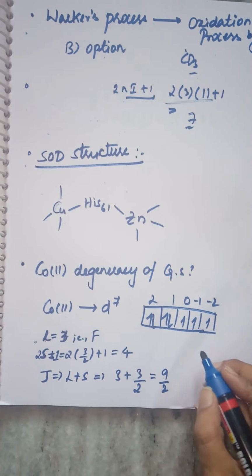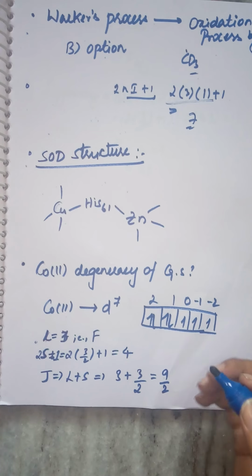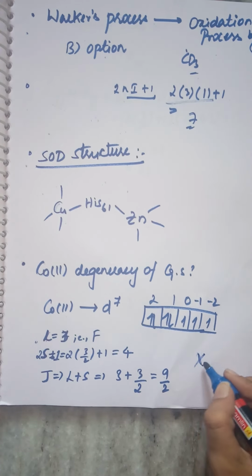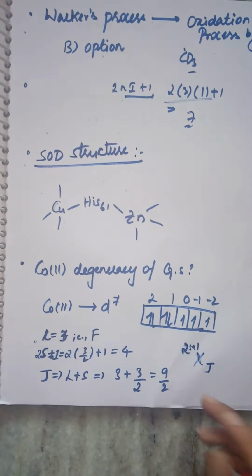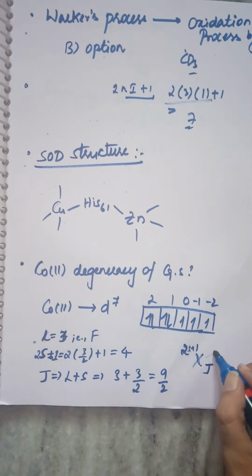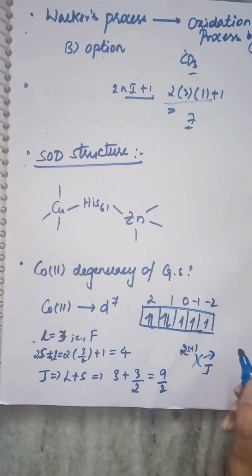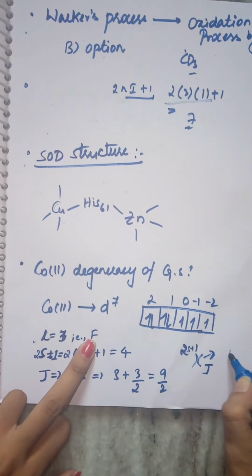Now how do you write the ground state term symbol? The general form has the letter, the spin multiplicity and the J value. The term symbol is F. Why is it F?